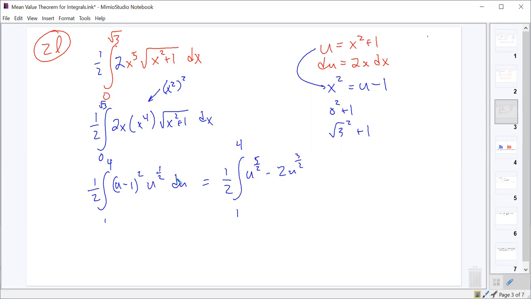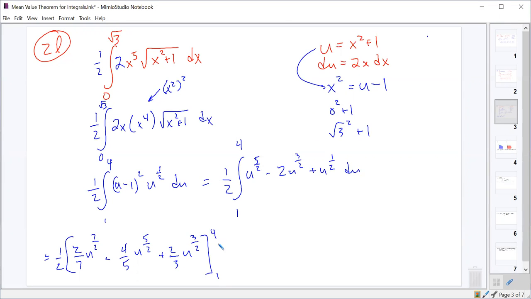And then a plus 1, so that'll be plus u to the 1/2 du. And now we just integrate. So this becomes 1/2 of 2/7 u to the 7/2 minus 4/5 u to the 5/2 plus 2/3 u to the 3/2 from 1 to 4.